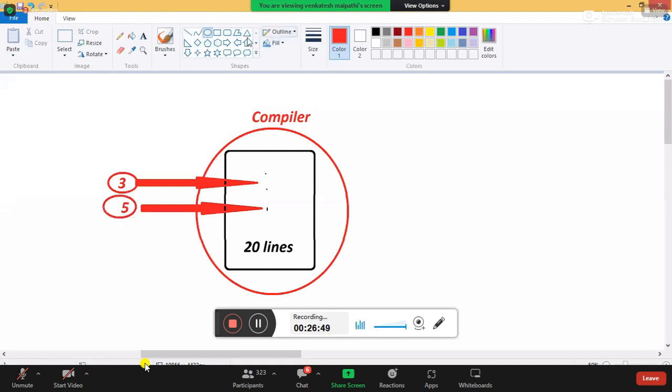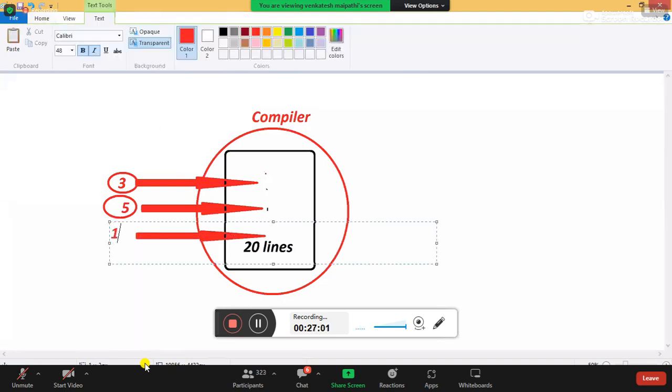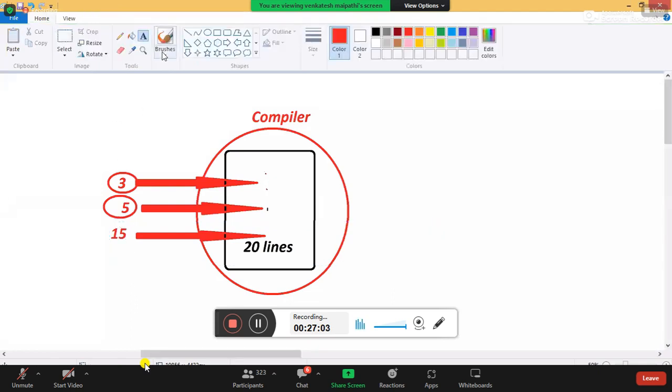Then it goes forward and says there is one error in line number 15, roughly. After that it goes up to line number 20 and comes out and says 3 errors: line number 3, line number 5, line number 15. It displays the total report to you.